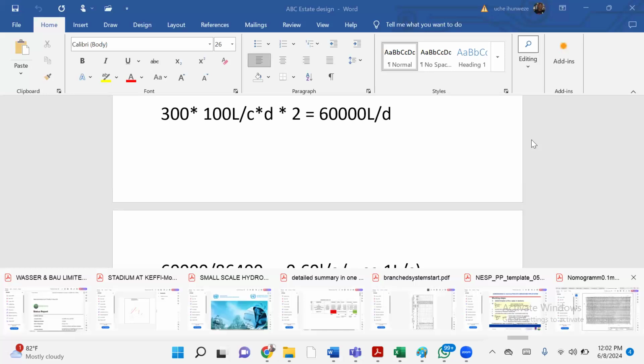As a consultant, if I get 65, I use 75. Because 75 means if tomorrow they decide to build more houses in that street, up to 40 houses, my pipe will still be adequate. Is that understood?